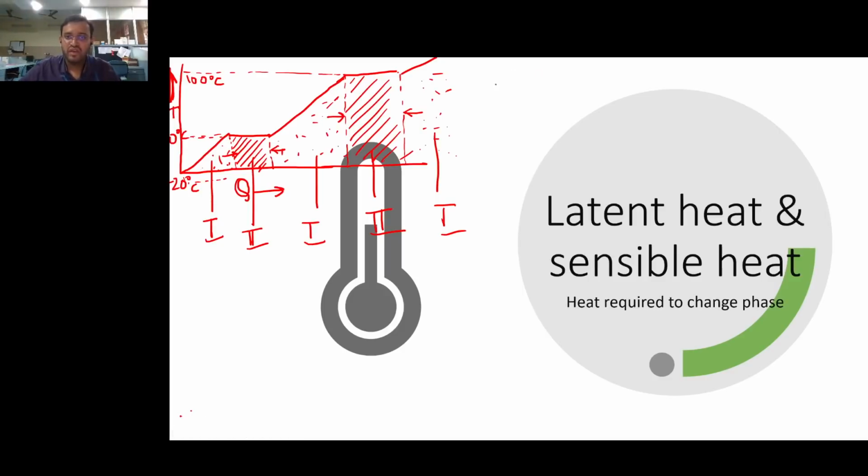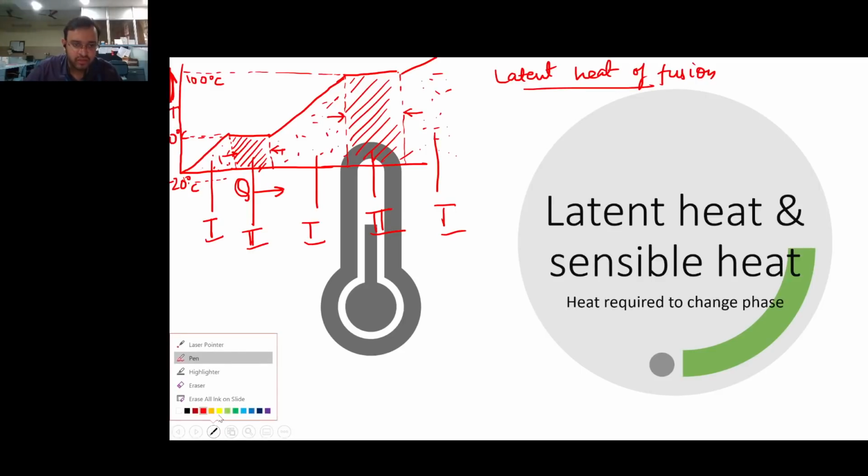So you have latent heat of fusion, that is in this case given by, just a second, I'll just change the color here, this amount of heat, that is the amount of heat that you required in this region.